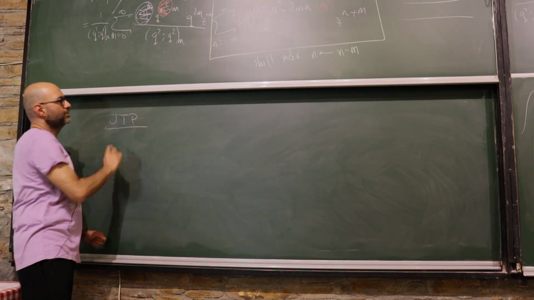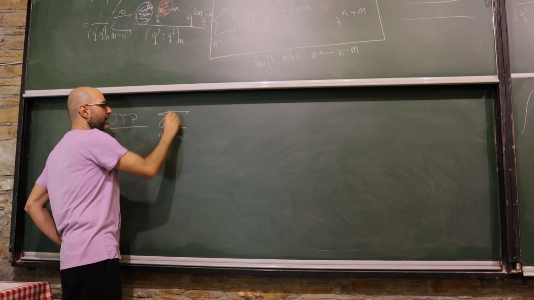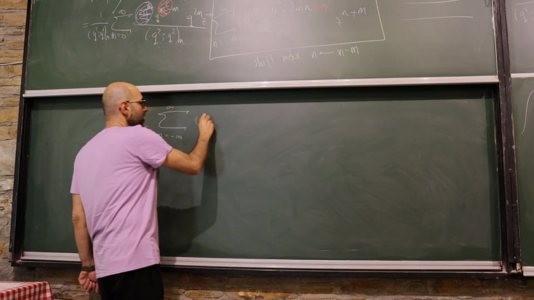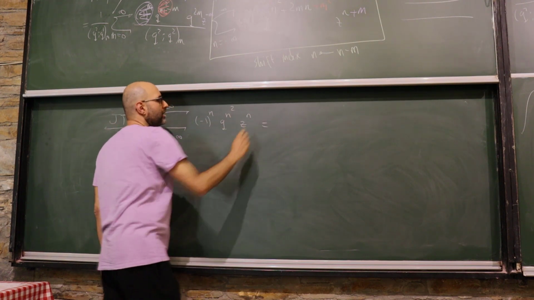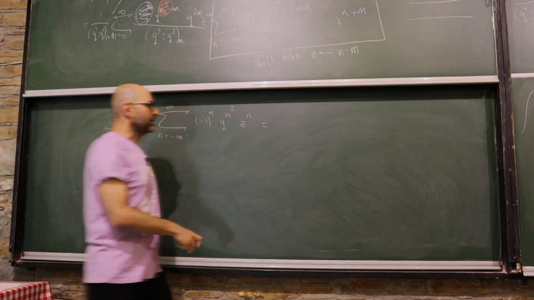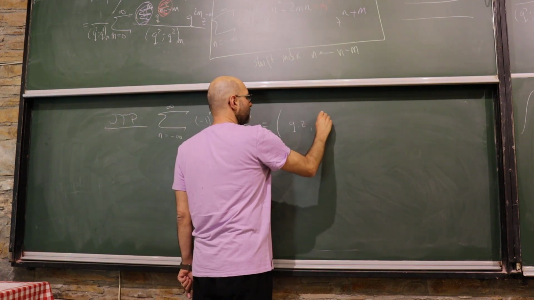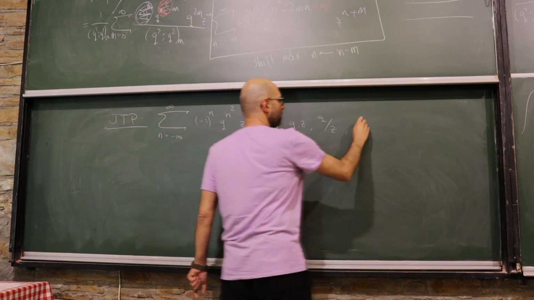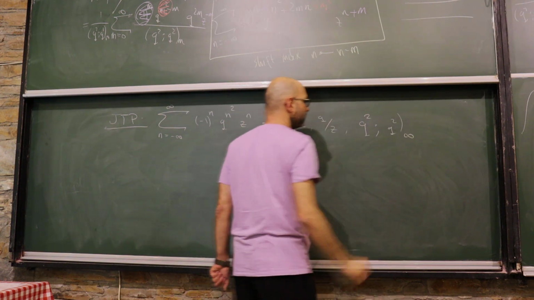So Jacobi's triple product identity is this theta function, n running from minus infinity to plus infinity, minus 1 to n, Q to n squared, z to n, equals a triple product: Q times z, Q divided by z, Q squared sub infinity.